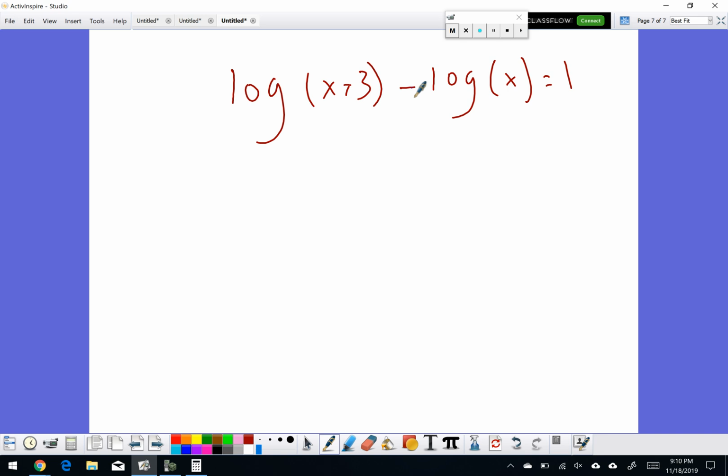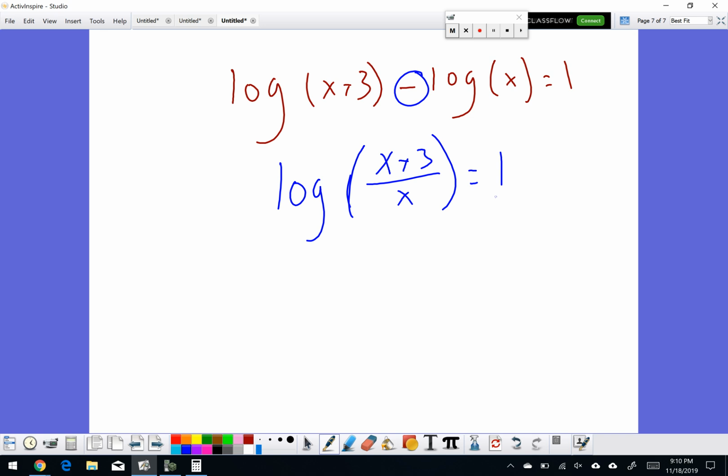The first thing I'm looking at is this minus sign. So once again, a minus sign is a division. If the base isn't there, it's understood to be base 10.